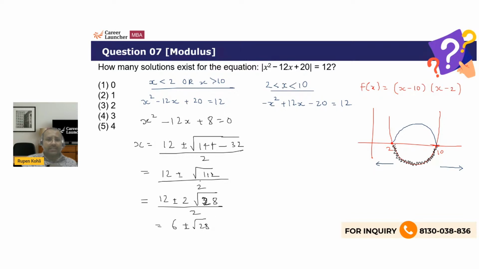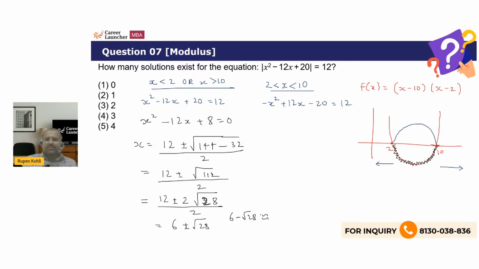Now, are these roots falling in that range of less than 2 and more than 10? Just check carefully. Approximately, 6 minus root 28 is approximately how much? The square root of 25 would be 5, so root 28 is something like 5.1, 5.2.